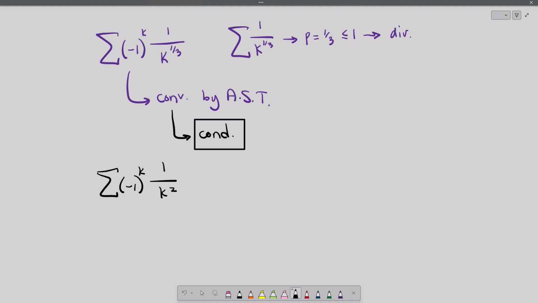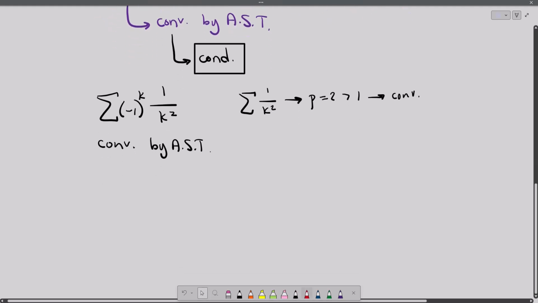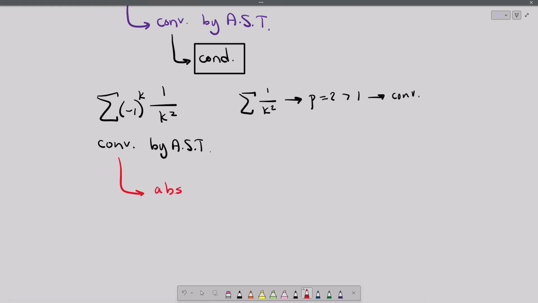Absolutely, because when we go to the series of absolute values, P is 2, which is bigger than 1, which is convergence. So this is going to converge by AST, and then we can classify that convergence as absolute because of the P series. So absolute convergence.